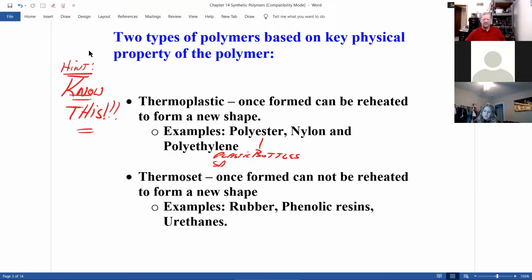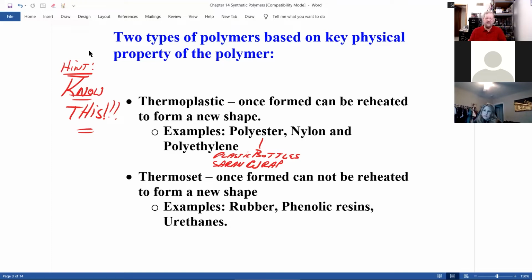saran wrap, if I can spell it right. And an interesting thing, there's no correlation between the chemistry of a polymer, how it was made, and whether it is thermoplastic or the other one I'll tell you.